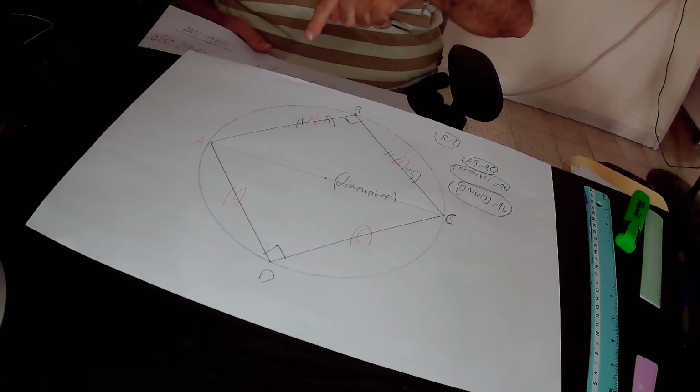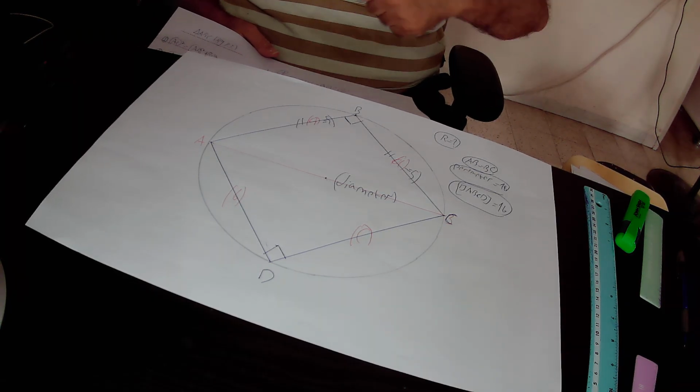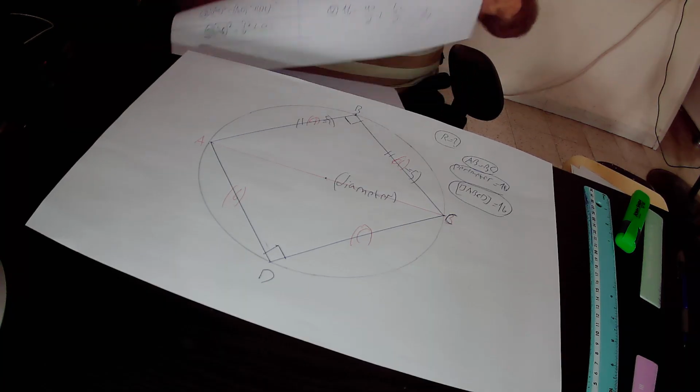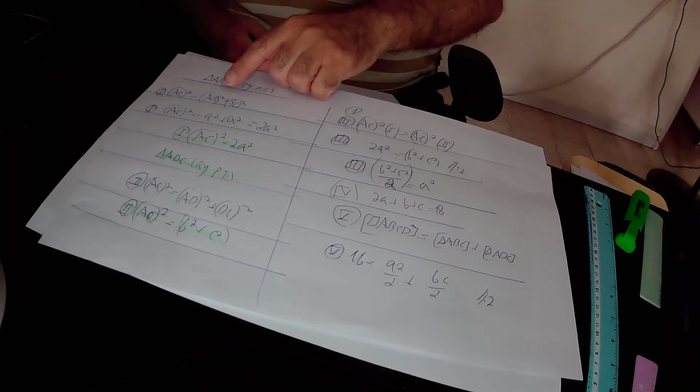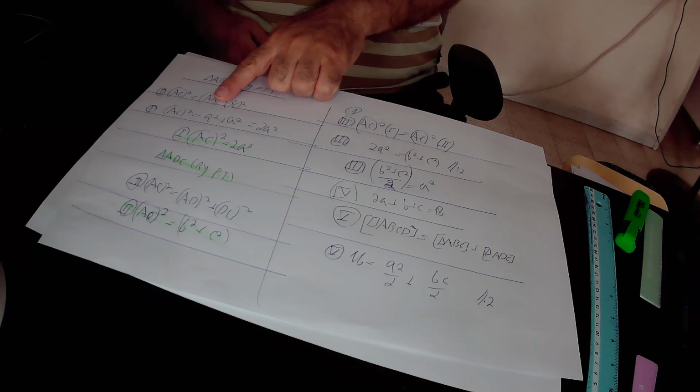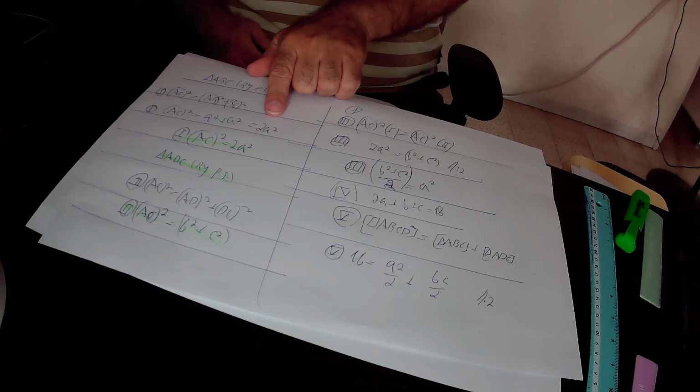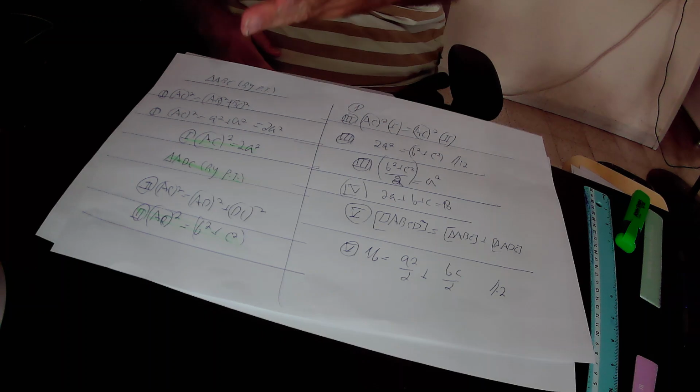AB is a, therefore AB squared is a squared, plus BC squared. BC is also a, so BC squared is a squared. So in total, we found out that AC squared equals a squared plus a squared, that is 2a squared. AC squared equals 2a squared according to equation 1.